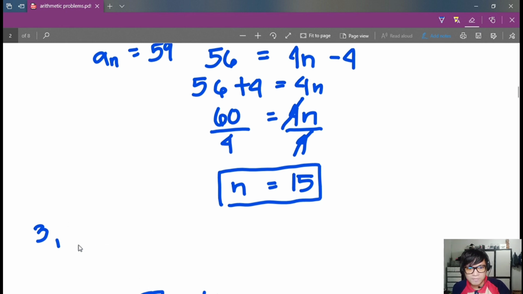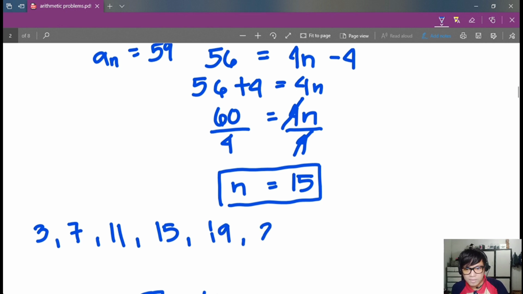So, start tayo sa 3. 3 plus 4 is 7. 7, 11, 15, 19, 23, 27, 31, 35, 39.